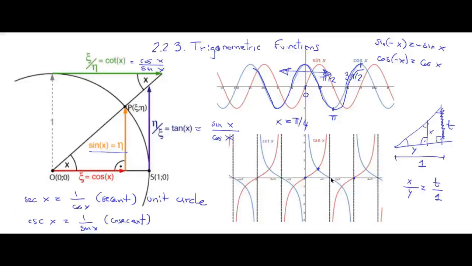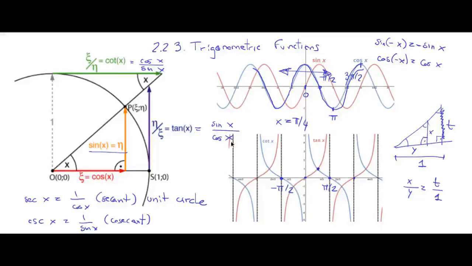And interestingly, at pi over 2 and minus pi over 2, these values where the cosine goes to 0, as we have seen, the tangent goes to infinity.